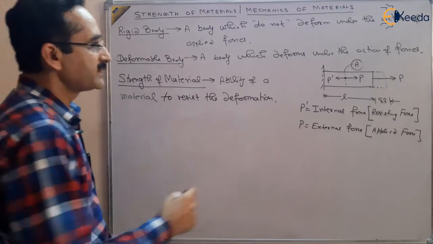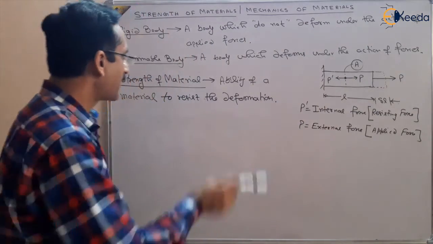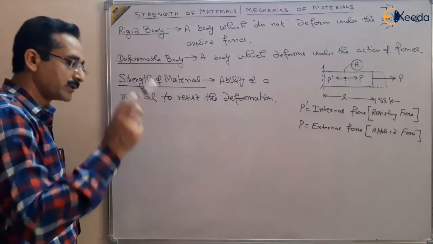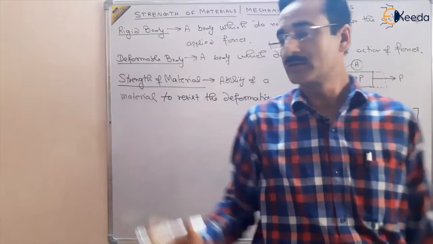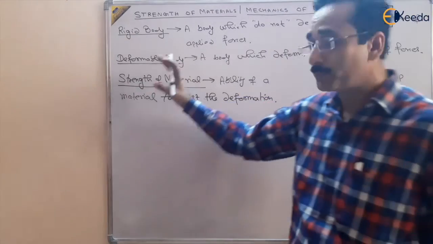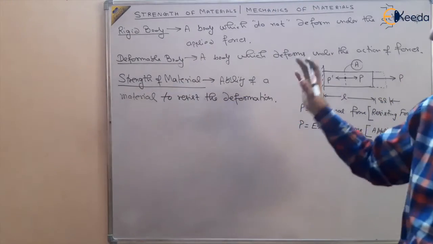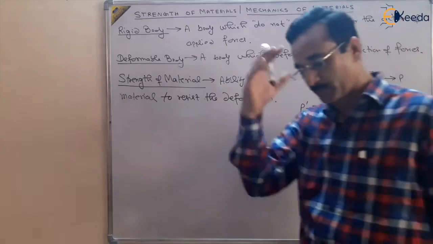And higher the resistance to this deformation, higher will be the strength of the material. Now you can understand that what we are going to study in this subject, that is the strength of material, that is ability of a material to resist the deformation.